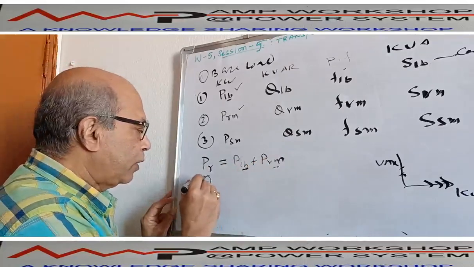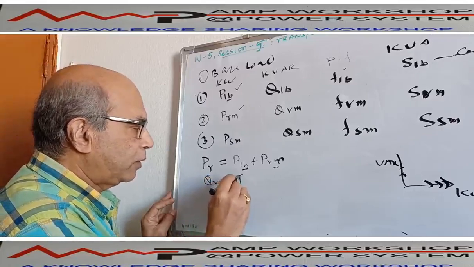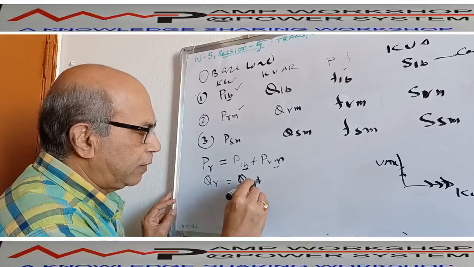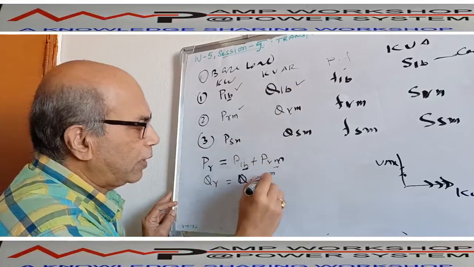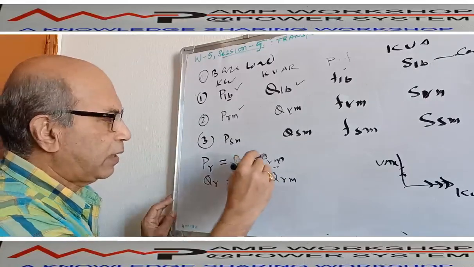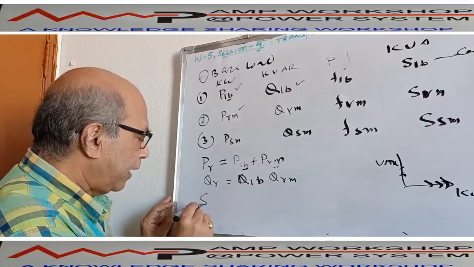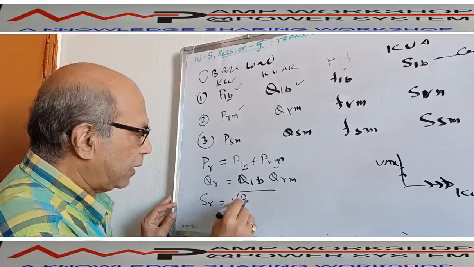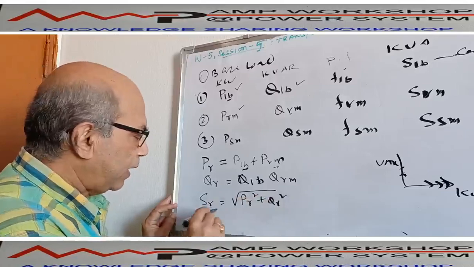Similarly, the running kVAR, QR, is the base load Q1B plus the motor running QRM. So we have these two. Now we can calculate S running, equal to the square root of PR squared plus QR squared. This gives the running kVA.